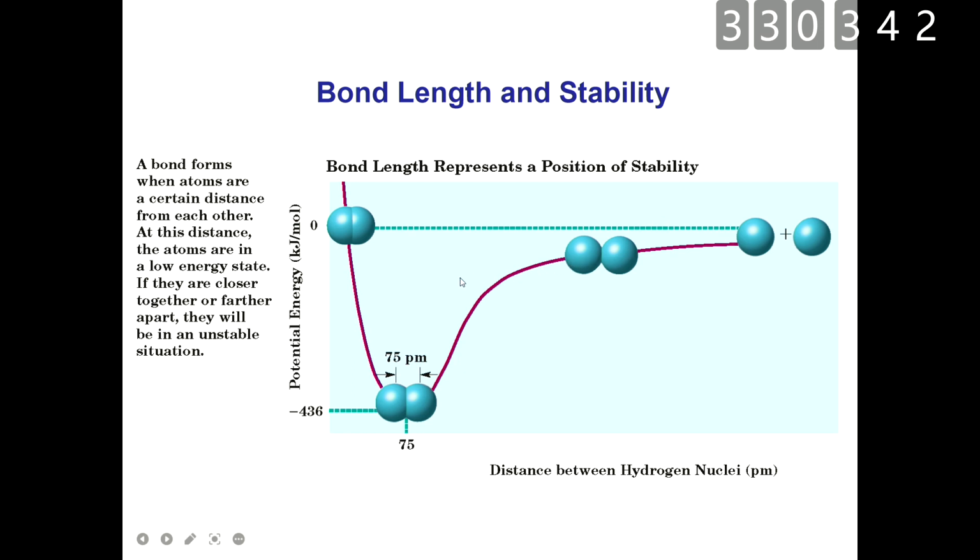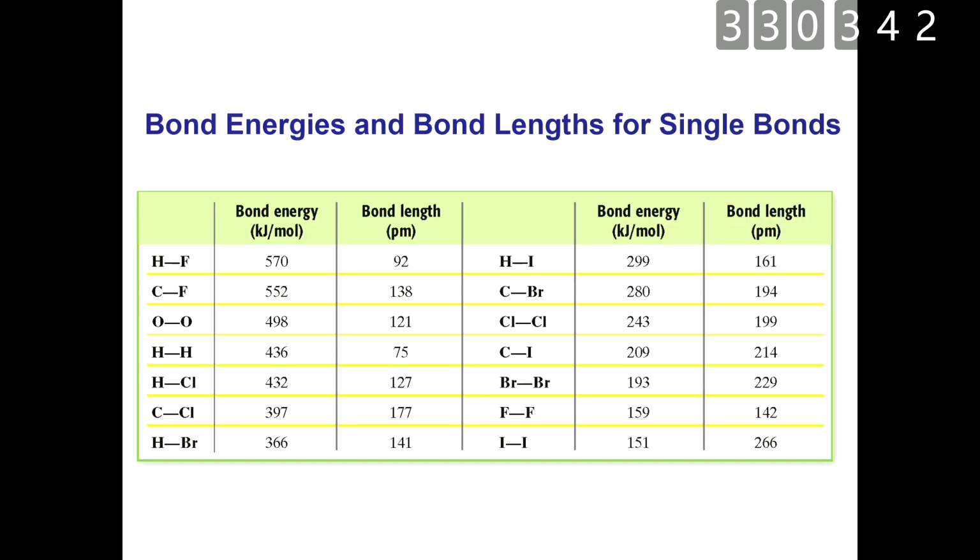So this means the bond is strong, and they are stable. Okay, here are the bond energies and the bond lengths. So from here we can say, basically, if the bond length is short, they have high bond energy.